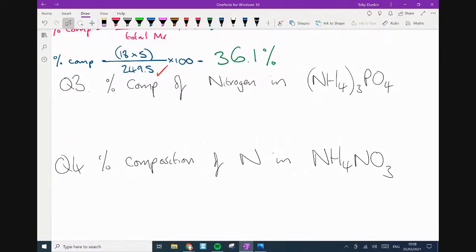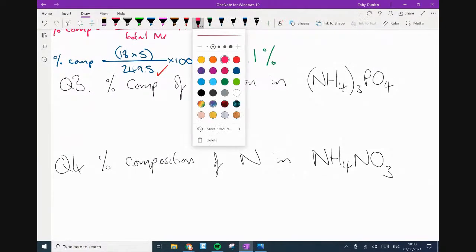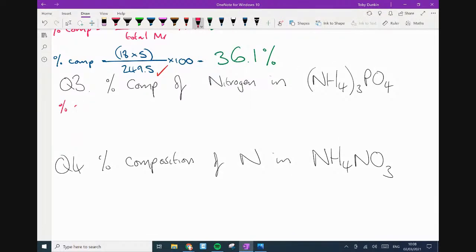Next. So this one was a tricky one. Step number 1, percentage composition equals wanted MR over total MR times 100. Lots of students forget the 100. 1 mark for that. Next, I'm going to input my data and get a number.